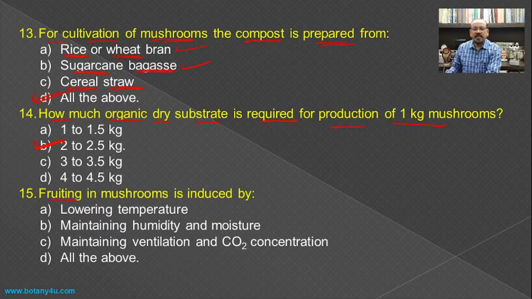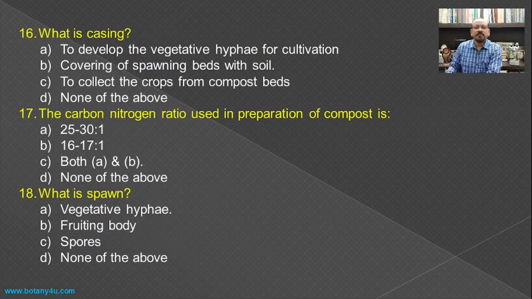Then fruiting in the mushroom is induced by number 1, that is lowering the temperature, then maintaining the humidity and the moisture, and maintaining the ventilation and the carbon dioxide concentration. All these factors are necessary to induce fruiting in mushrooms, and hence all the above become the answer for this question.